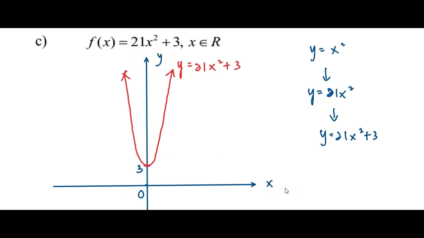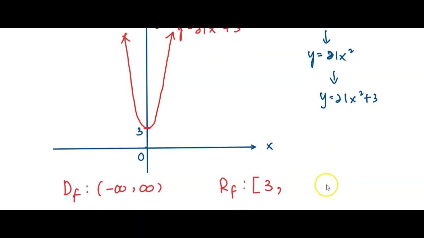The highest points for this graph are these 2 points. The arrowheads show that these 2 points go up non-stop, so we use positive infinity to represent the y value, and our range becomes 3 to infinity. So this is our answer.